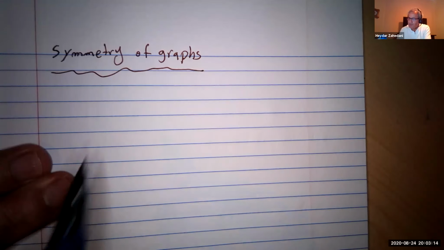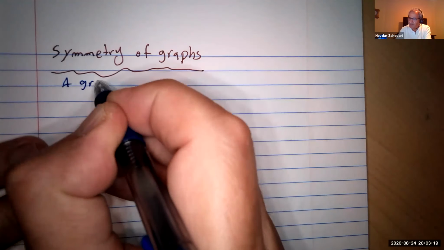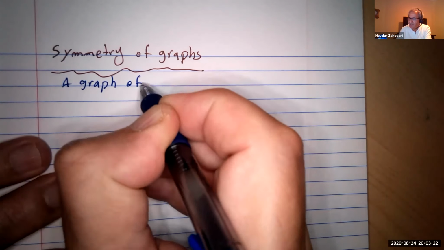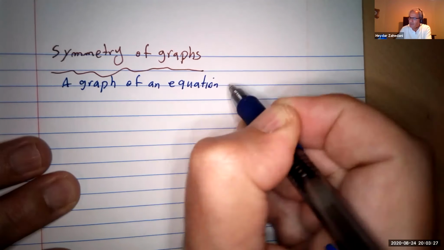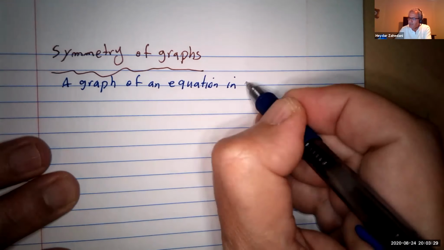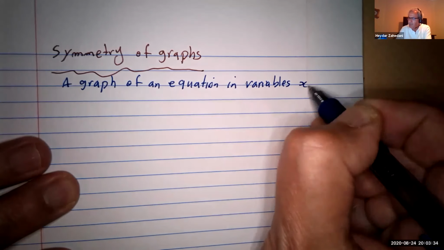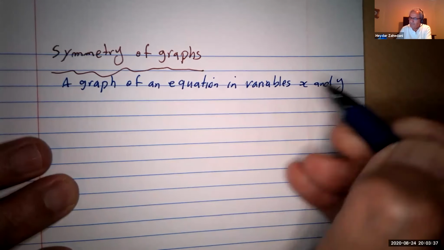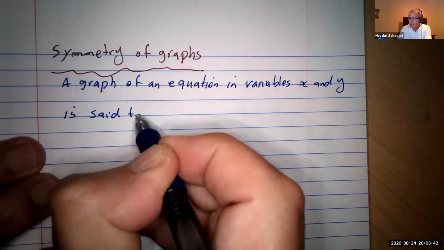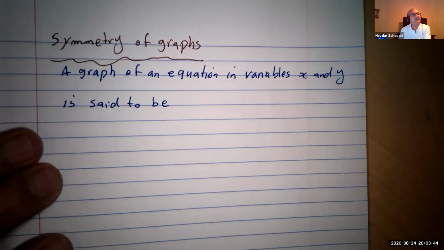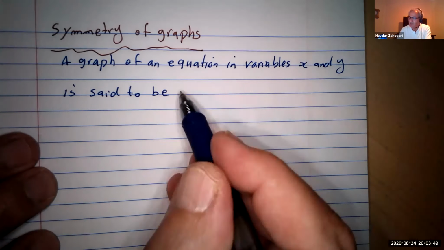A graph of an equation in variables x and y is said to be, okay, said to be, this is it. I'm going to get all of them in one sentence.